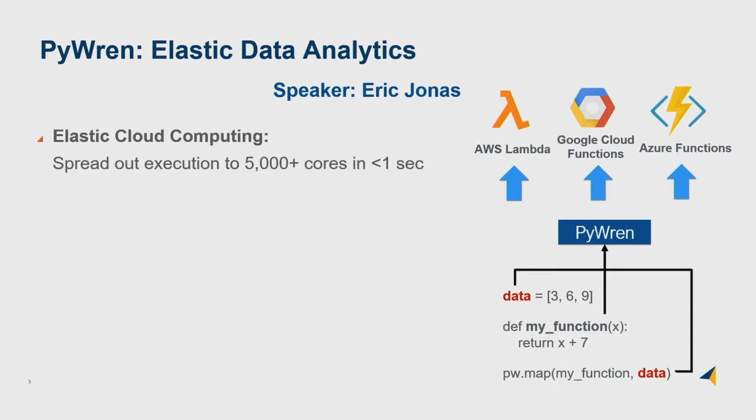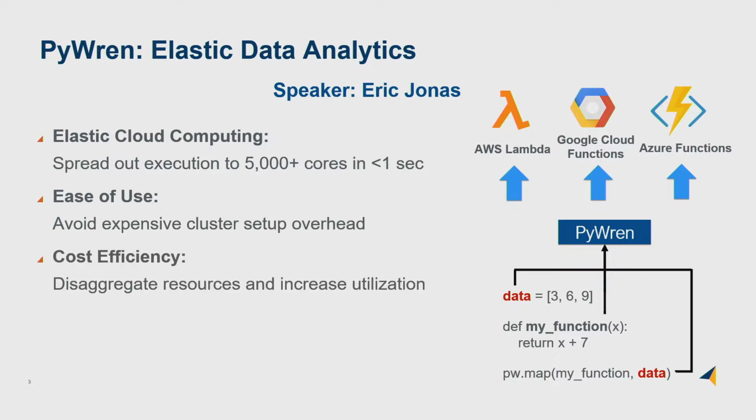One of the big advantages is elasticity, so you can easily spread out your execution to more than 5,000 cores in less than 1 second. So very powerful. It's also designed for ease of use, so you can avoid all the expensive costs of setting up the cloud cluster, and all you have to do is write a simple Python program.